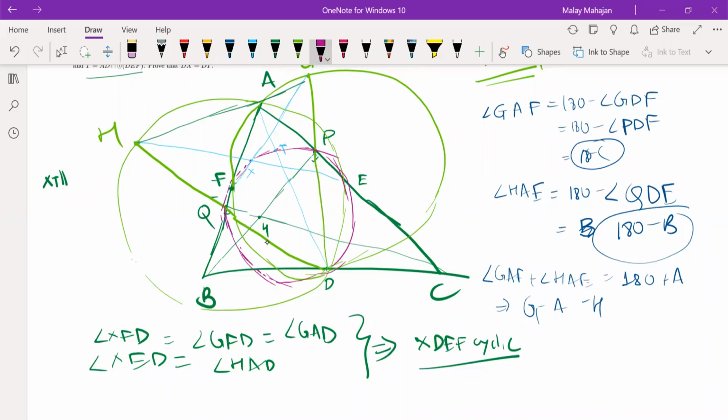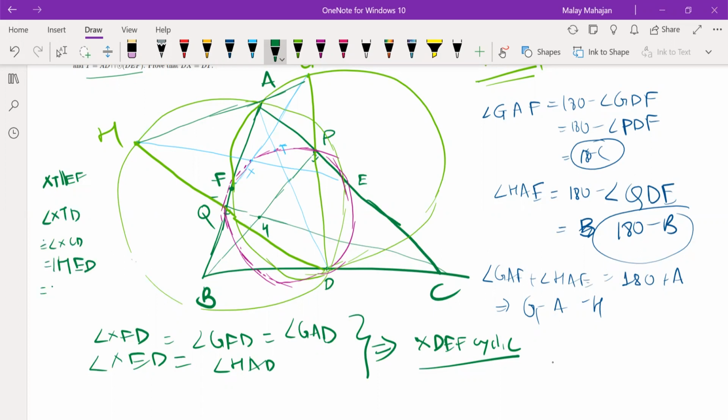Okay, this is useful probably, but XTD, the same angle, is equal to angle XCD, which is equal to angle HED, which is equal to angle HAD.